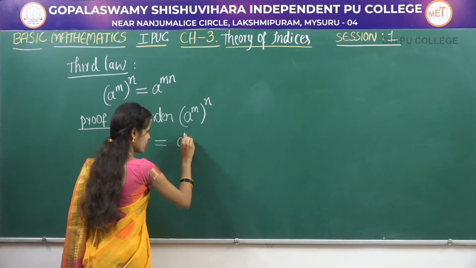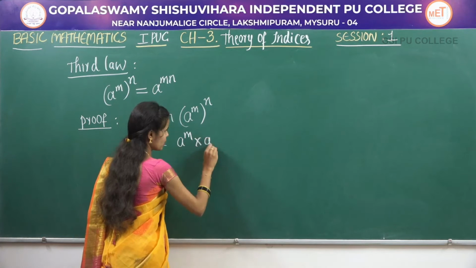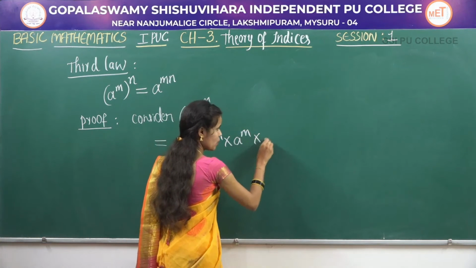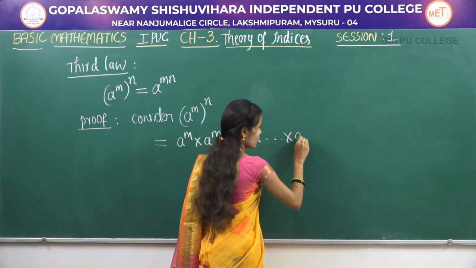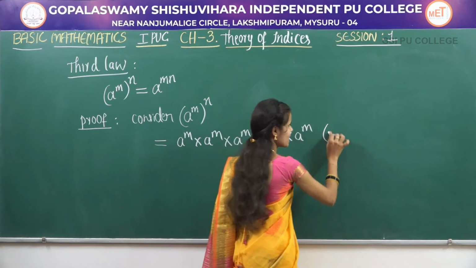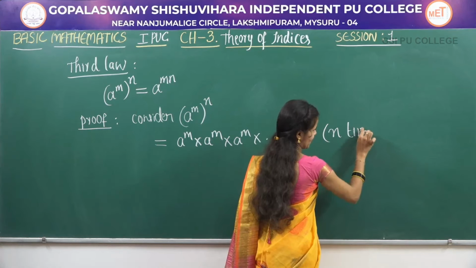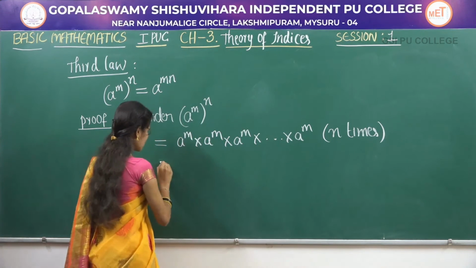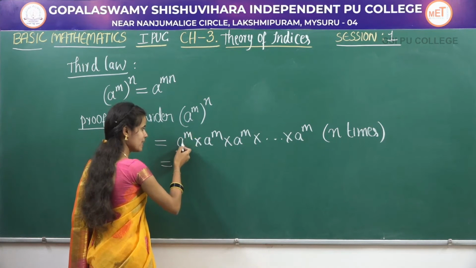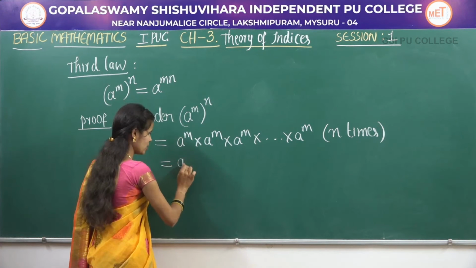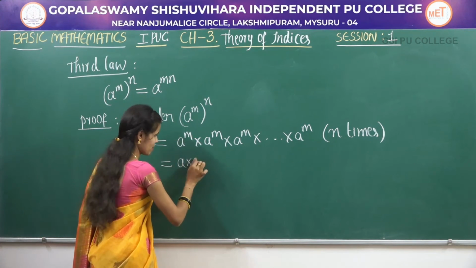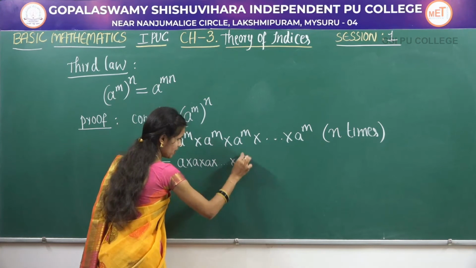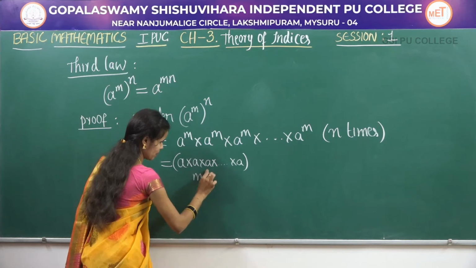So a to the power of m into a to the power of m into a to the power of m up to a to the power of m, n times. Here a to the power of m means a, m times: a into a into a up to a, m times.